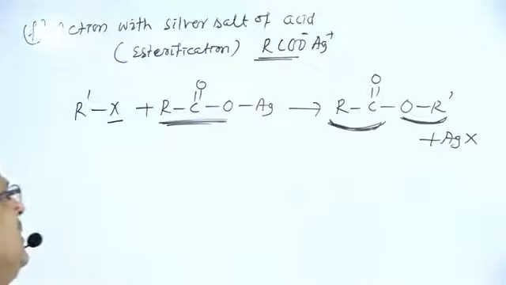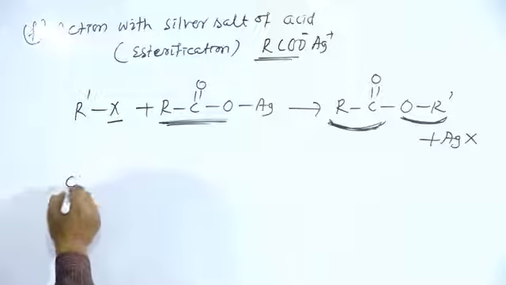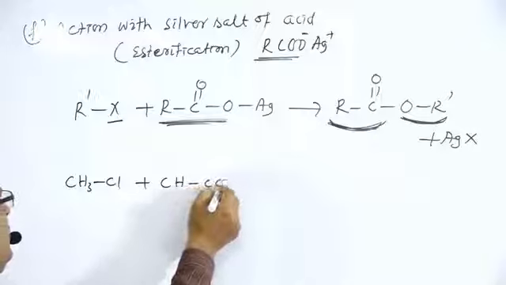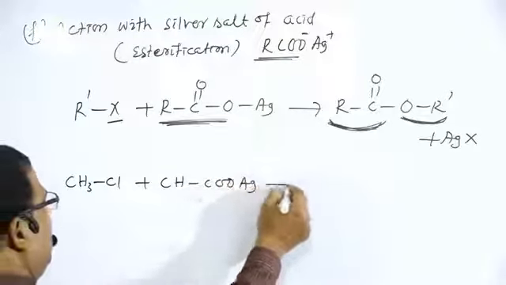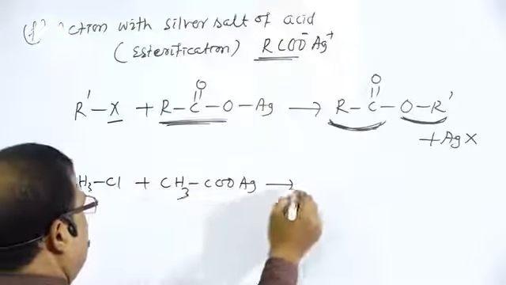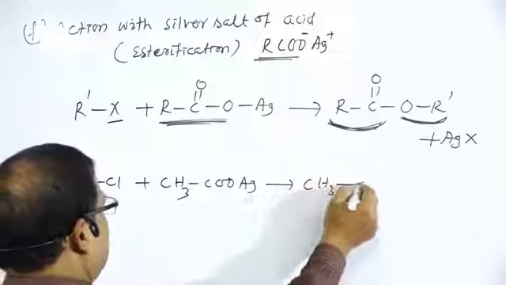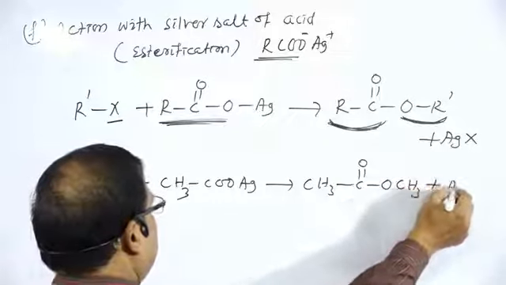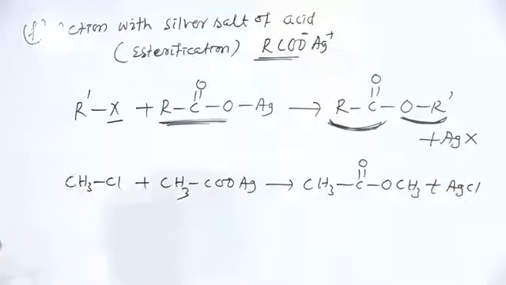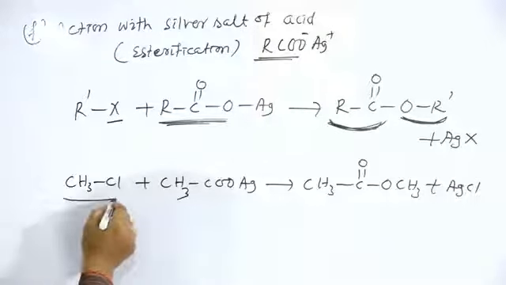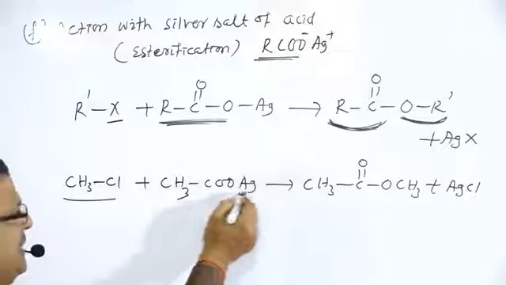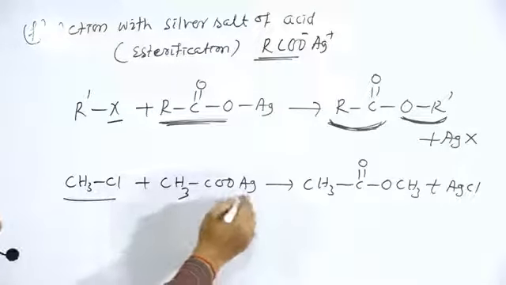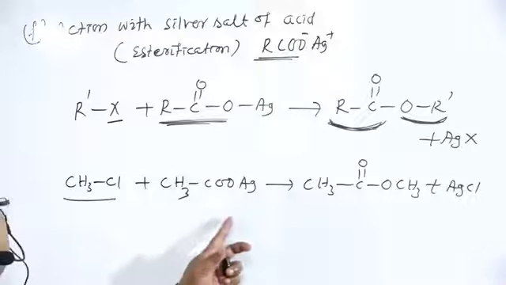For example, if we take CH3Cl and treat it with CH3COOAg, there is the formation of CH3COOCH3 plus AgCl. Methyl chloride is treated with silver acetate; in acetic acid the hydrogen atom is replaced by Ag, giving silver acetate.